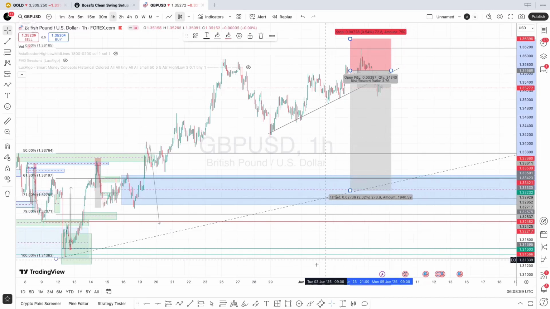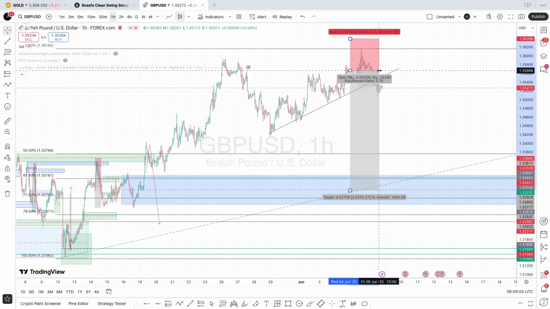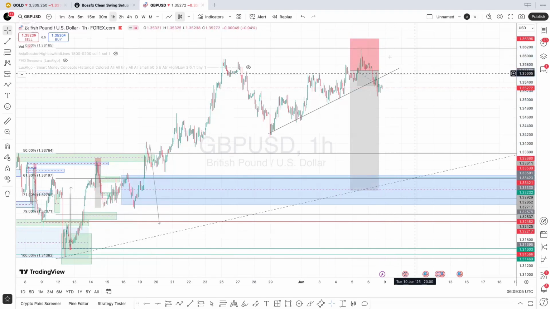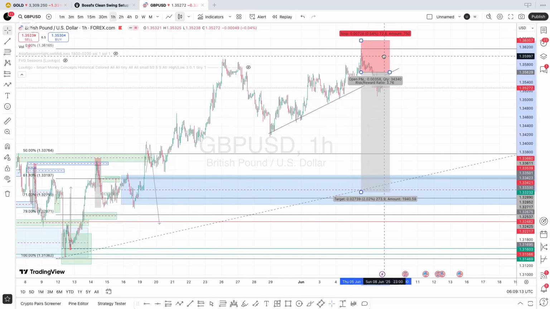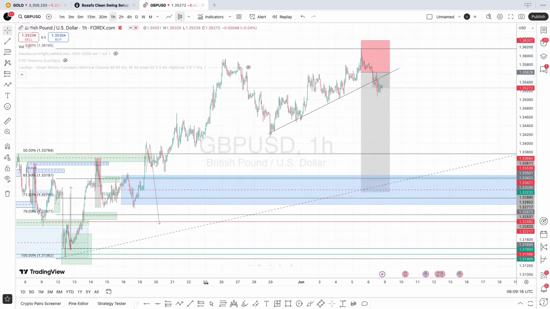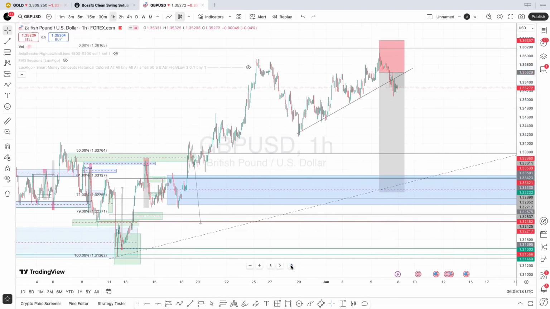There's a pool of liquidity here to be taken out. So these are our first take profits, our first zone of interest. That's the 50% retracement.